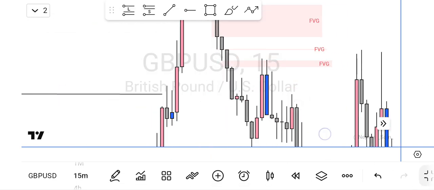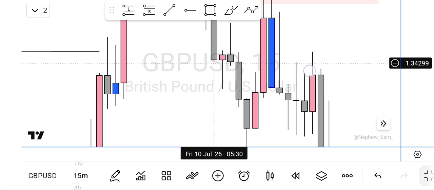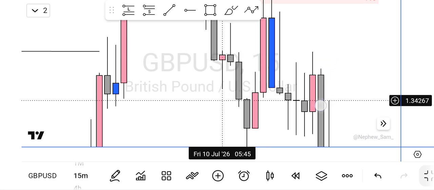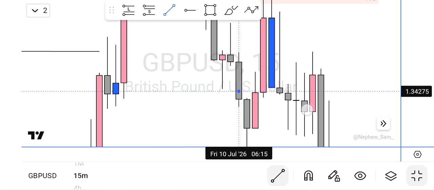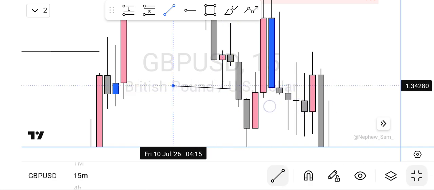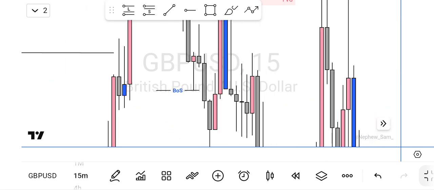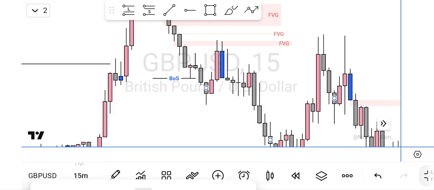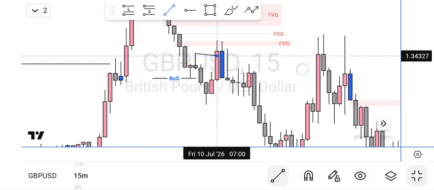And then here now you can see just maybe three or four candles. This one took out the low of this candle, the next candle took out the high of the candle, and then it broke again. So now we have our second break right here, which is our break of structure. And then now this high becomes our inducement, which is exactly what the market did.